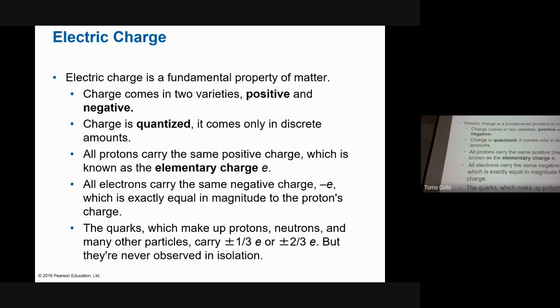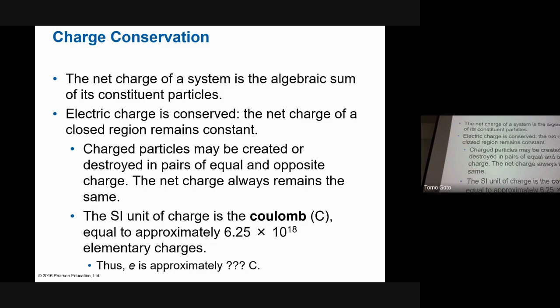Okay, next, charge conservation. Your charges do not disappear suddenly. There's a conservation here. The net charge of the system is the algebraic sum of individual particles. Electric charge is conserved, so that's good. It doesn't disappear.